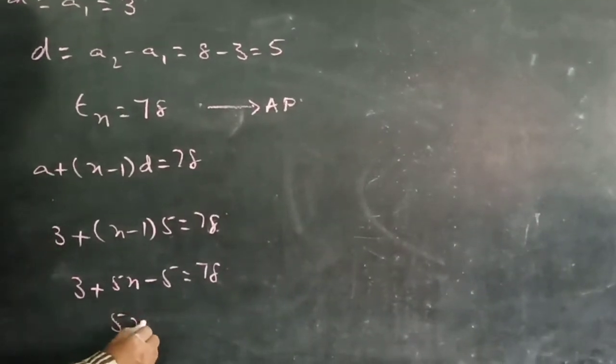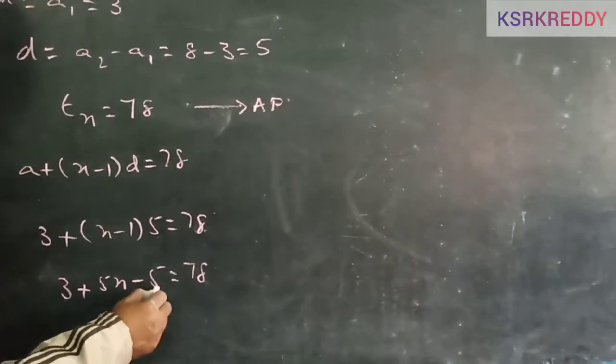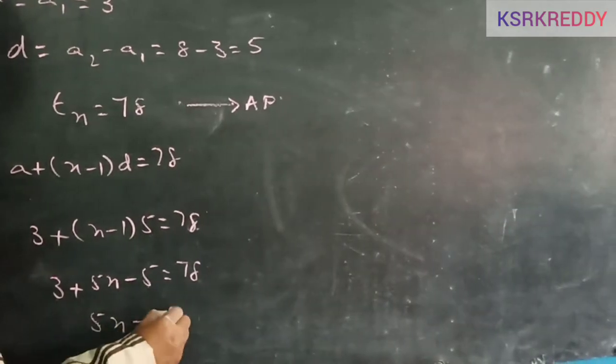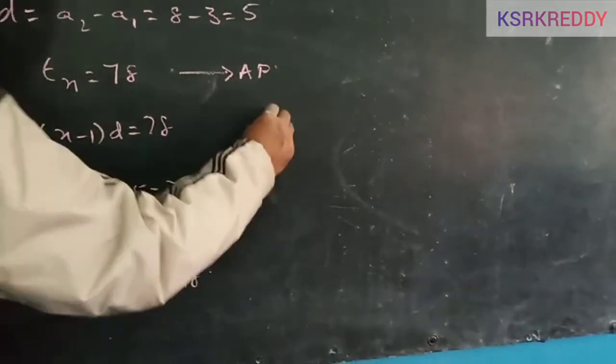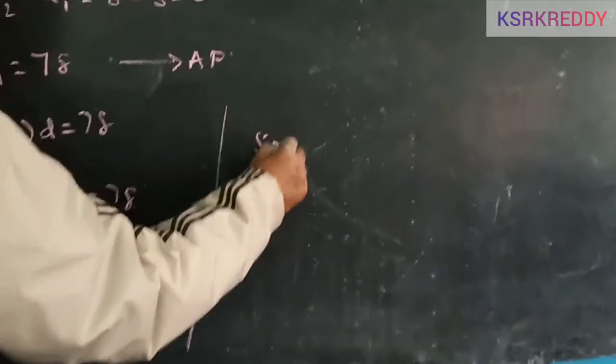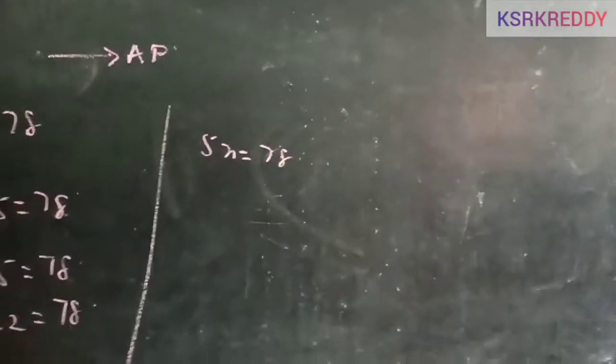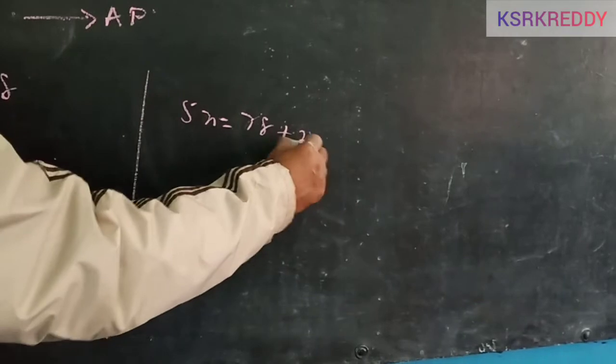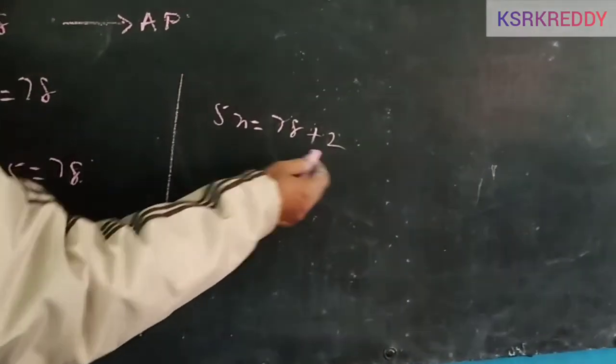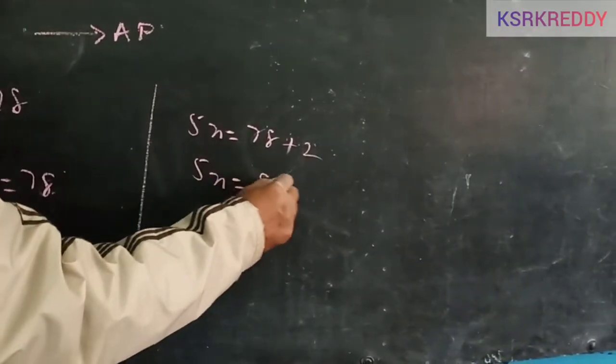Then 5n plus 3 minus 5, which is minus 2, is equal to 78. Therefore 5n is equal to 78 plus 2; minus 2 changes to the other side as plus 2. So 5n is equal to 80.